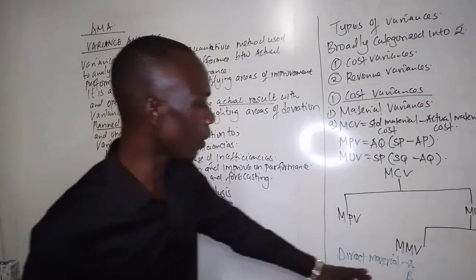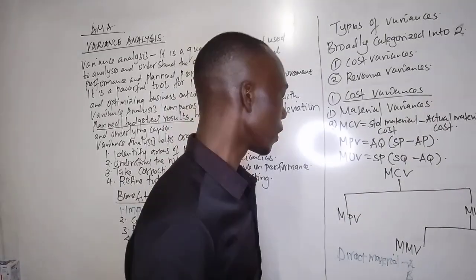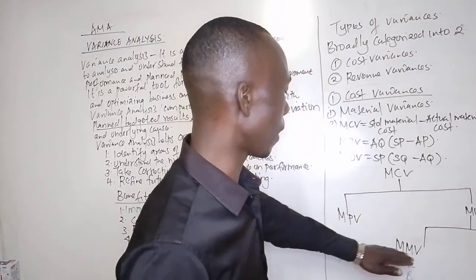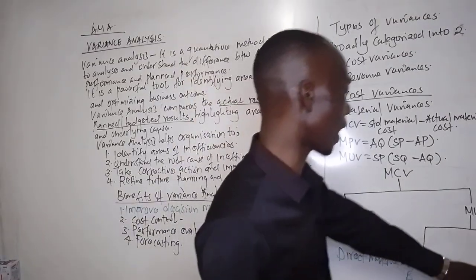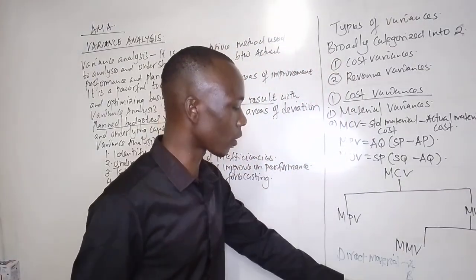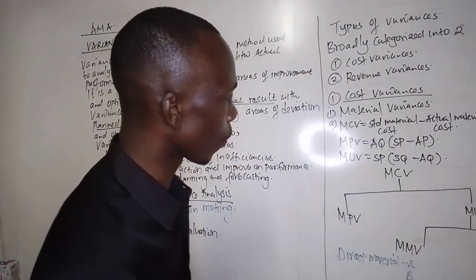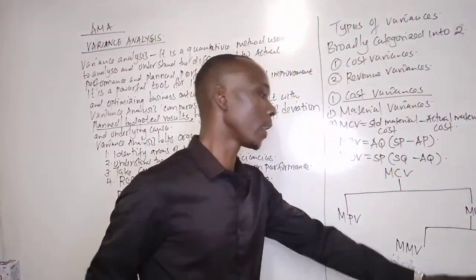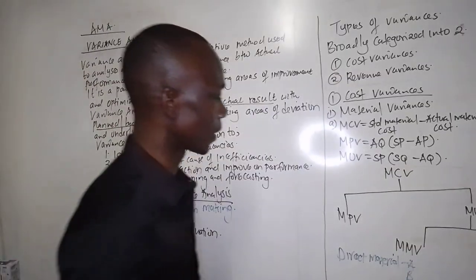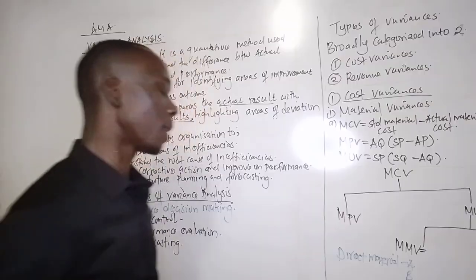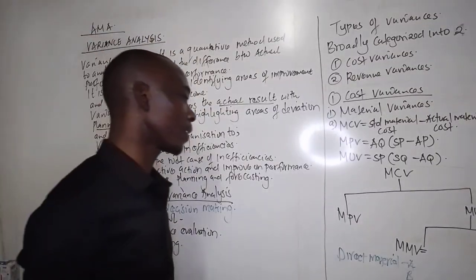But where we have only one material, and therefore only one ingredient, the material mix variance and material yield variance will not arise. Where we have more than one ingredient, we can have the material mix variance and material yield variance. So the question will arise, how are we going to compute the material mix variance?